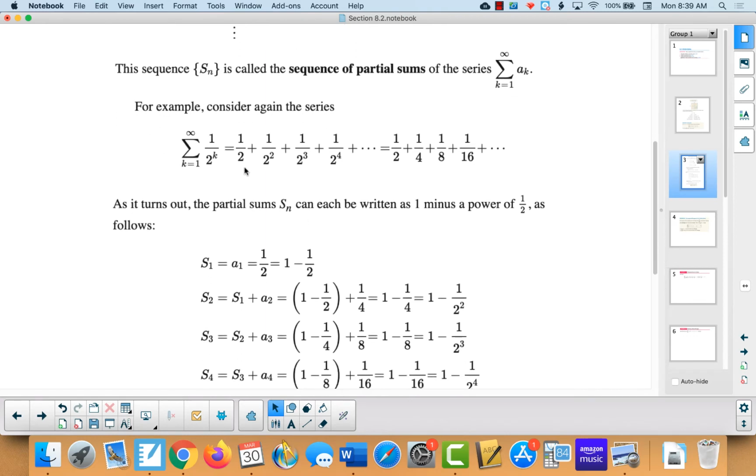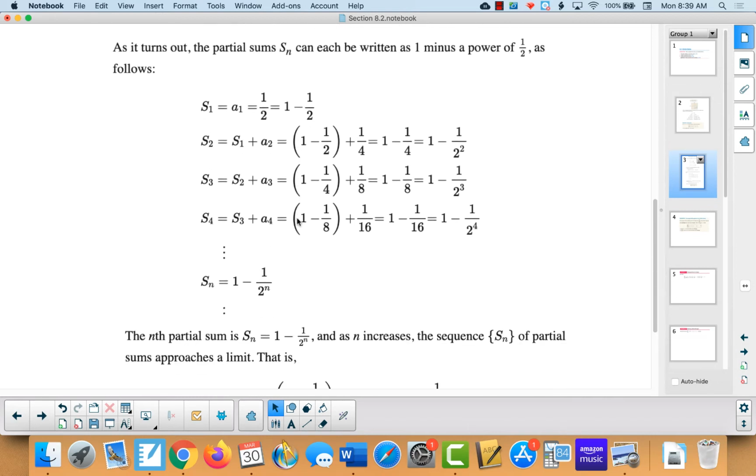So for example, if we take that 1 that we just looked at, we start with 1/2, and then we add 1/4, which is 1 over 2 squared, add 1/8, 1 over 2 cubed, and so on, and we keep going indefinitely to infinity. Then we can start grouping and taking those sums and adding on the next one.